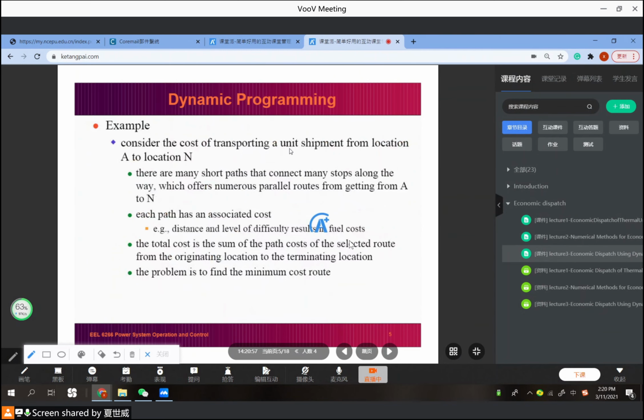So consider the cost of transporting a unit from location A to location N. There are many short paths that connect many stops along the way, which offers numerous parallel routings from A to N. Each path has an associated cost.